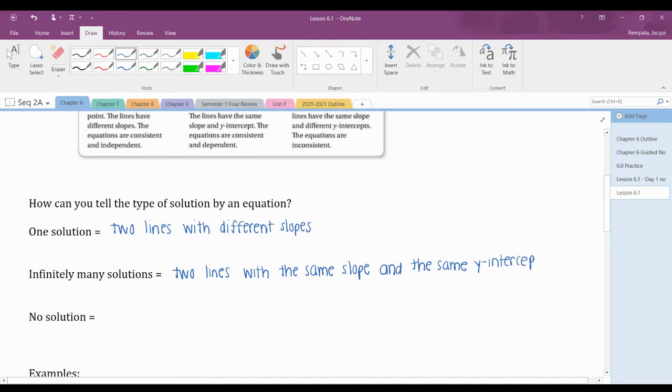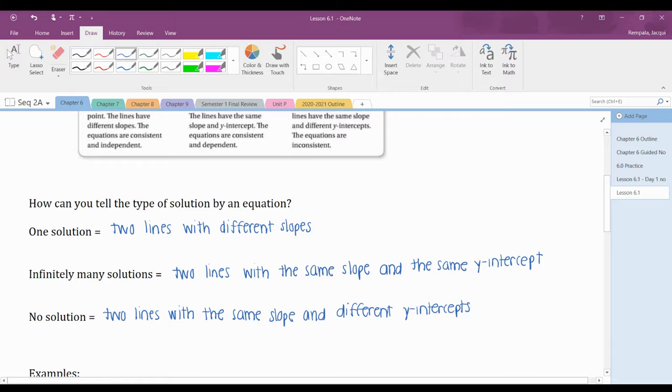So essentially, you have the exact same line if they're both the same slope and the same y-intercept. And then you'll have no solution at all if you have two lines with the same slope and different y-intercepts.